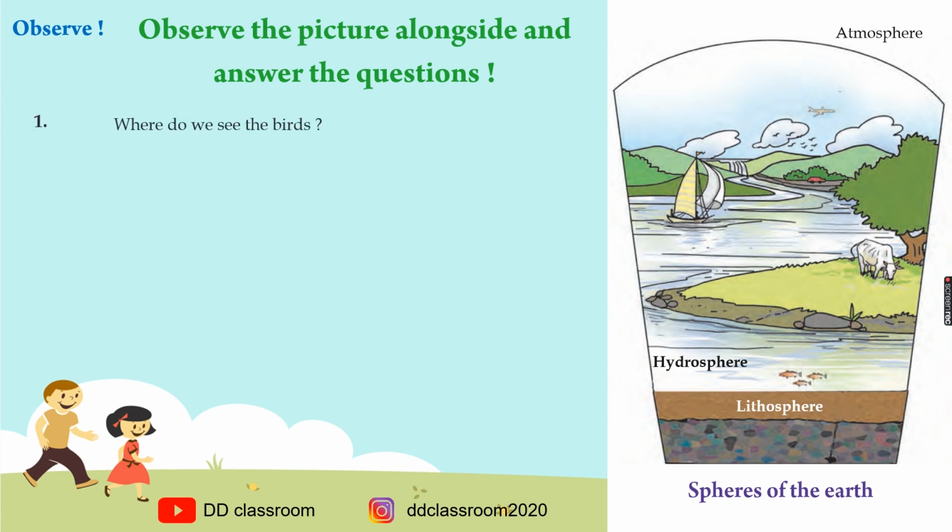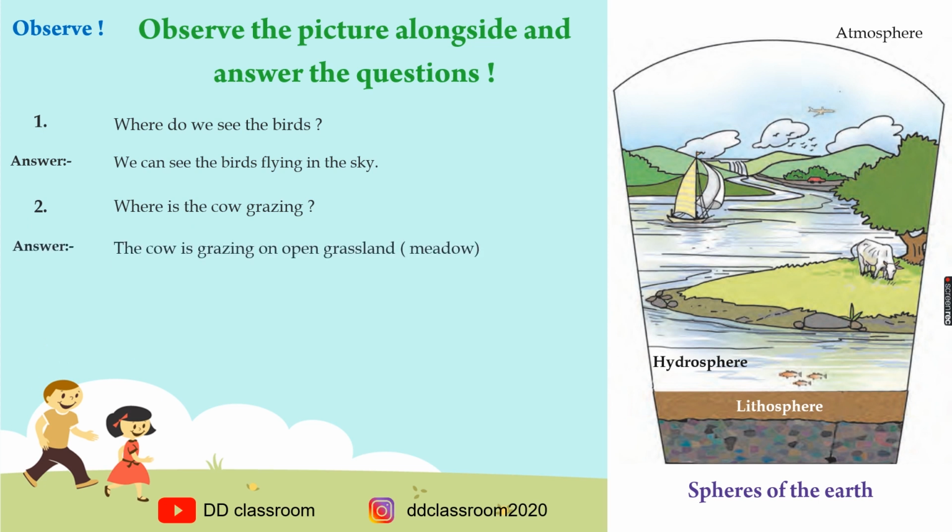Question number 1. Where do we see the birds? The answer is we can see the birds flying in the sky. Question 2. Where is the cow grazing?